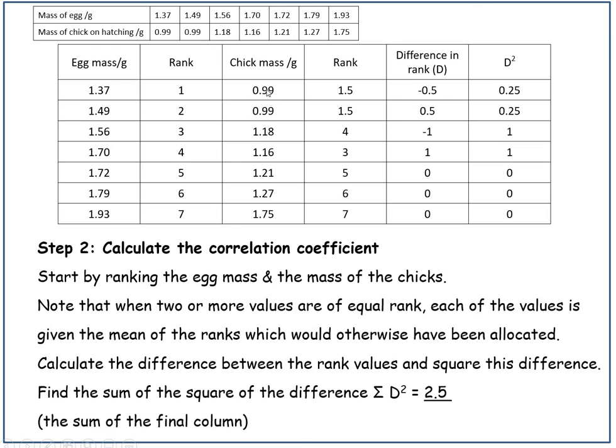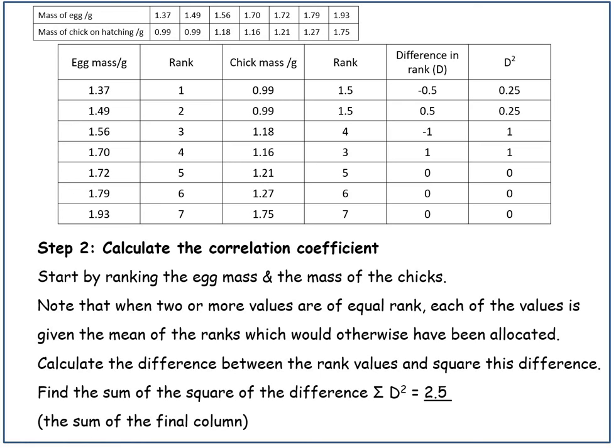Now if you've got two that are the same, you would have to say that they were halfway between the two. So if you were saying that that's 1 and that's 2, well 2 plus 1 is 3, so you do halfway between that. Note that when 2 or more values are of equal rank, each of the values is given the mean of the ranks which would otherwise have been allocated.